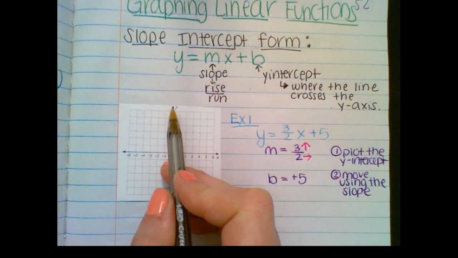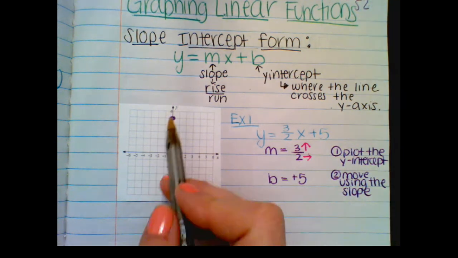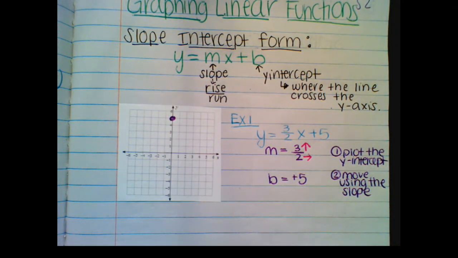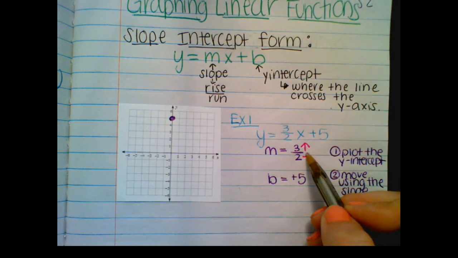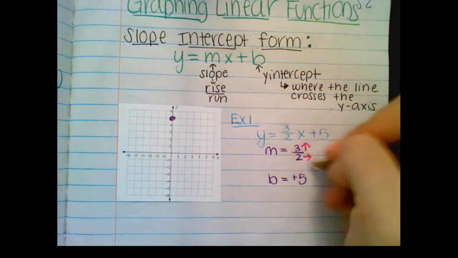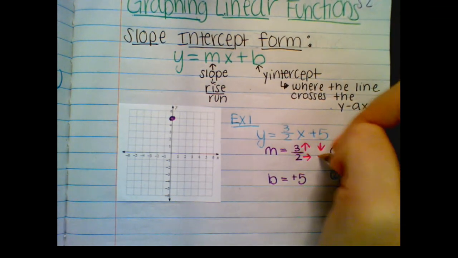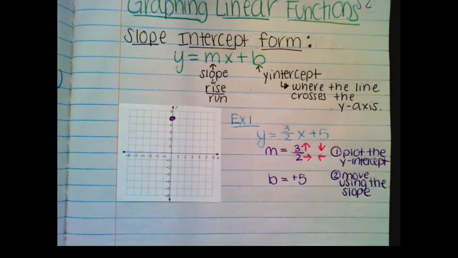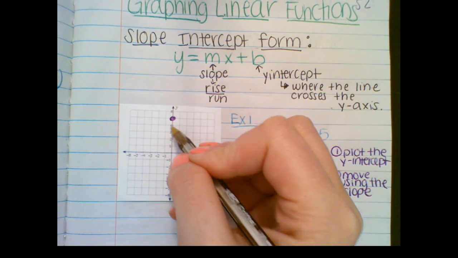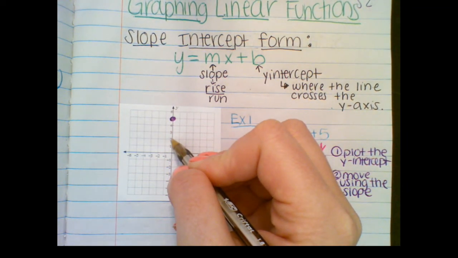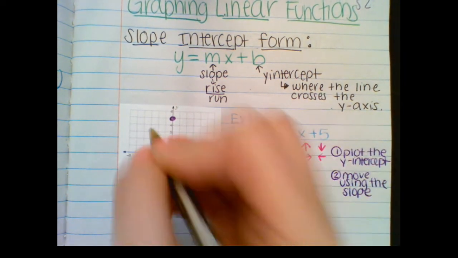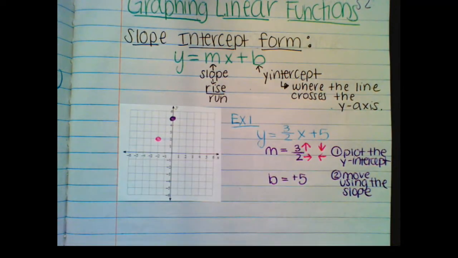But if I go up 1 box, I can't go up 3 boxes. My graph doesn't do that. So instead of going up 3 and right 2, I can also reverse both of these directions and go down 3 and left 2. So from here, I can go down 1, 2, 3 boxes, and to the left 2. And now I know that that is another point on this line.